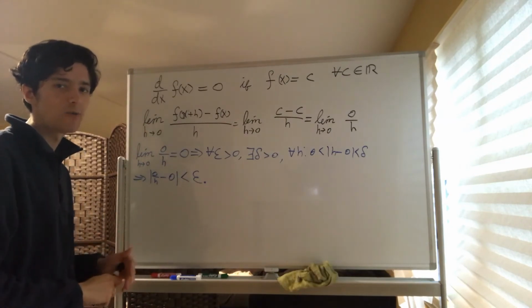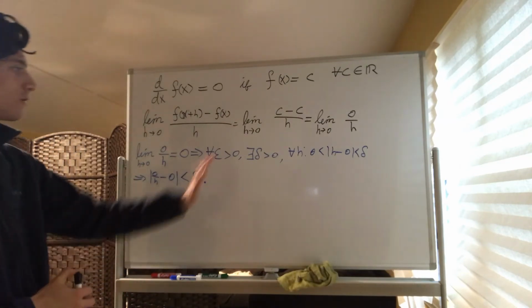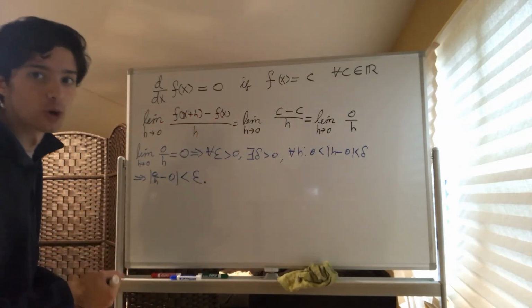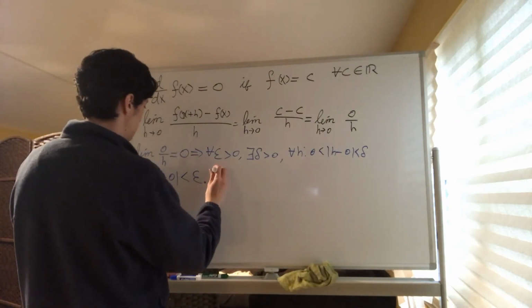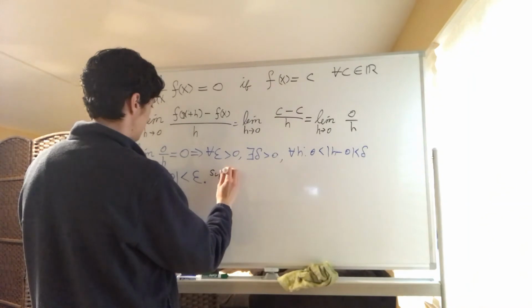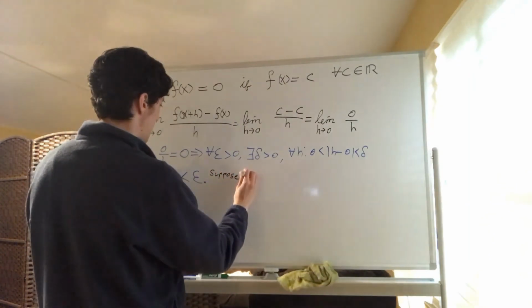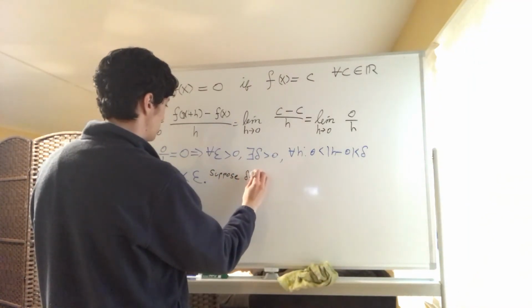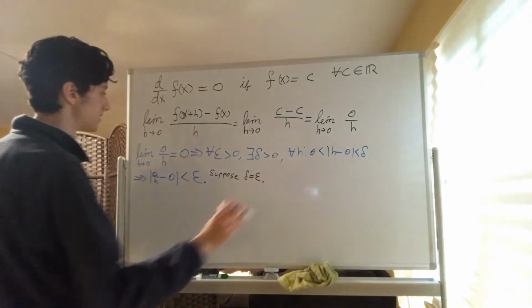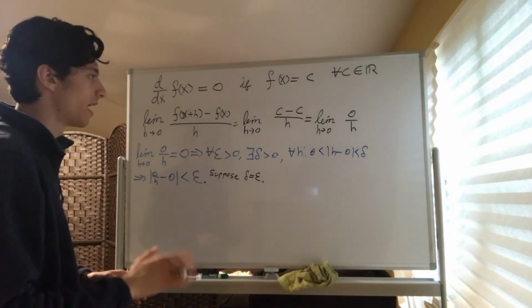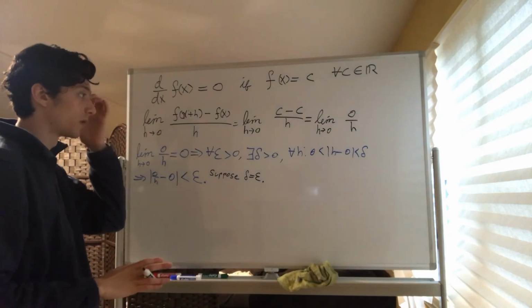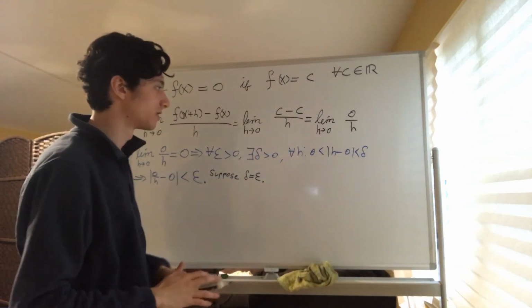So let's think about how we can show this. First, let's just show that this works for a delta. So let's suppose that delta is equal to epsilon. Let's just make that easy. Now let's think about what our condition for h is.